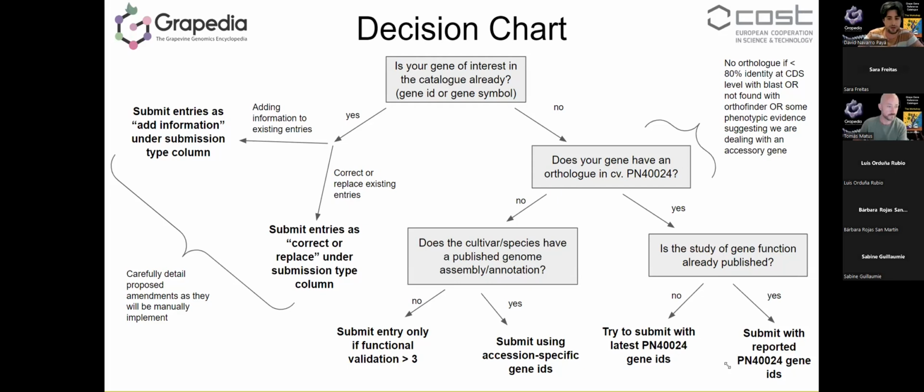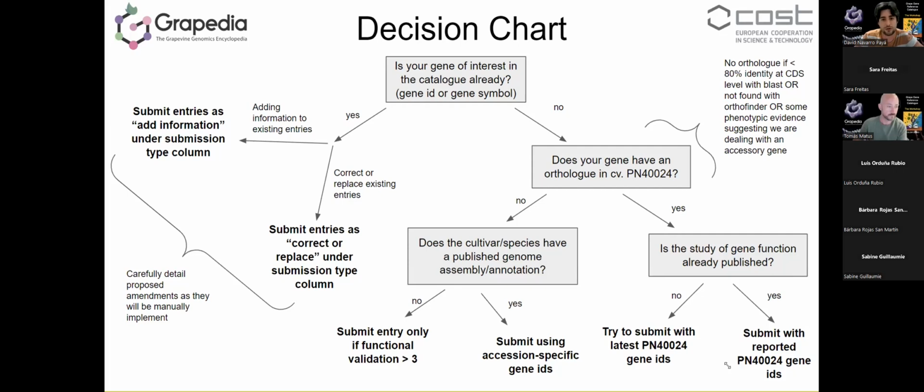So some kind of evidence that really supports that your gene is not in the reference, then you can submit an entry without an ID, as long as the functional evidence for that gene is above, let's say, a value of 3. So quite solid evidence to justify giving a name to something that you cannot assign a sequence to from any assembly.